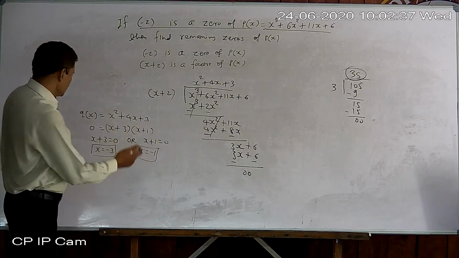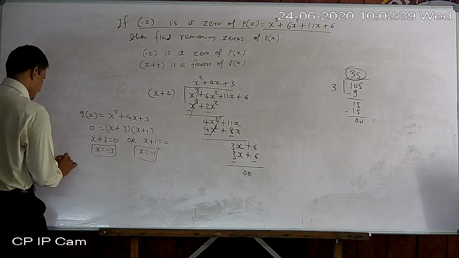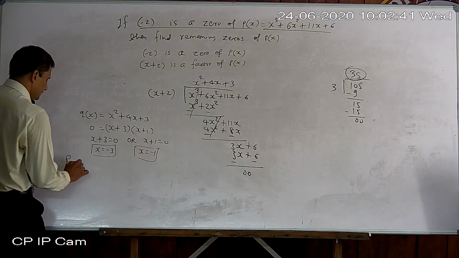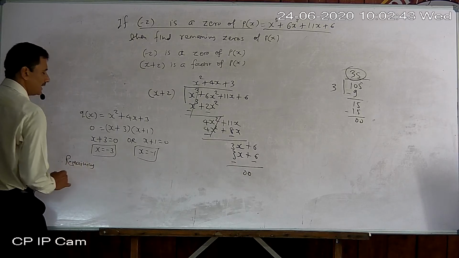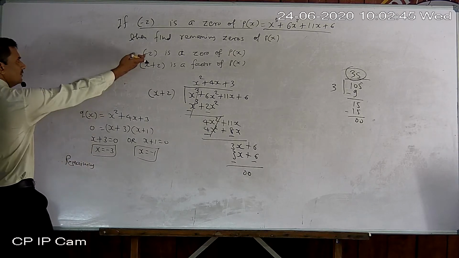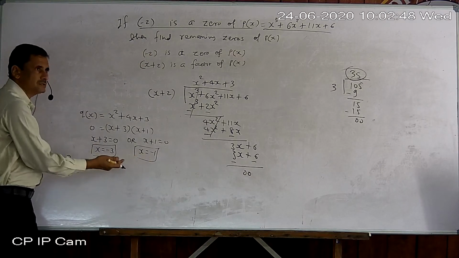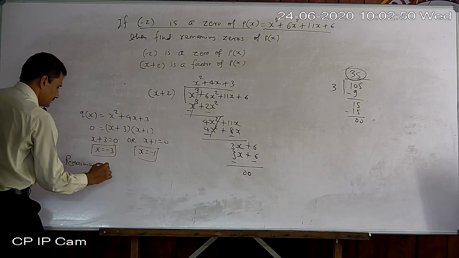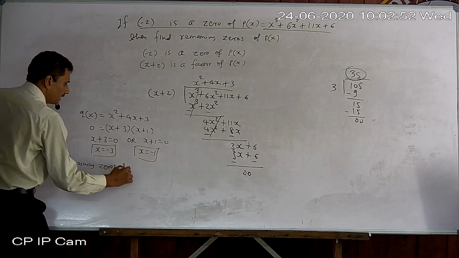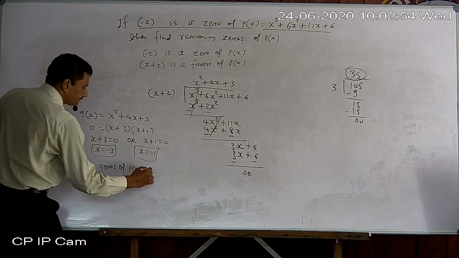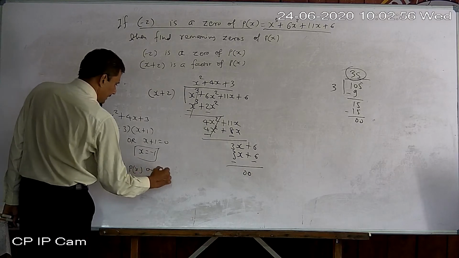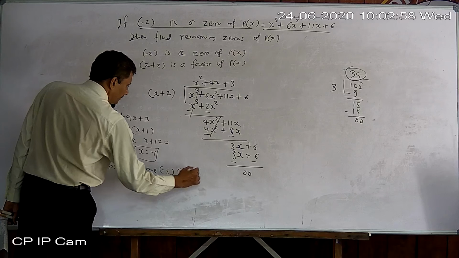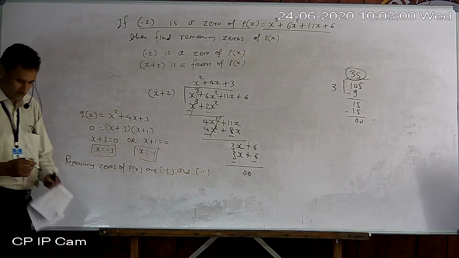Okay. So write down, therefore, sometimes they ask the remaining zeros, sometimes they ask all zeros. All zeros means include the given one also in the list. So the remaining zeros of p of x are minus 3 and minus 1.